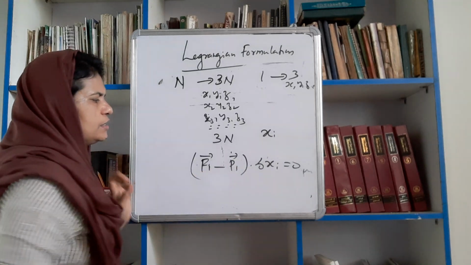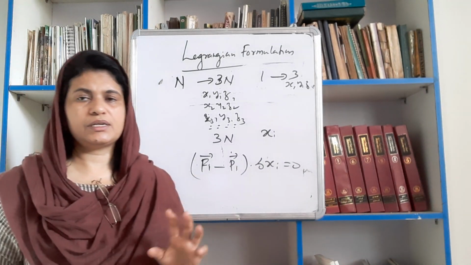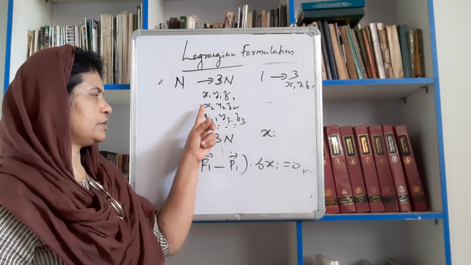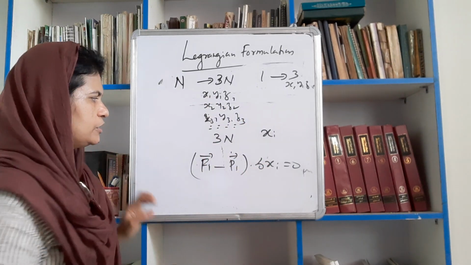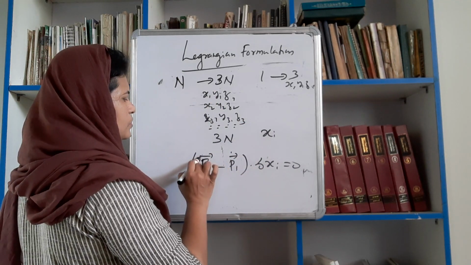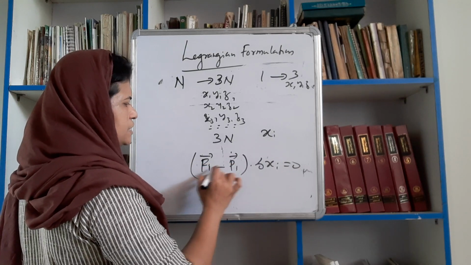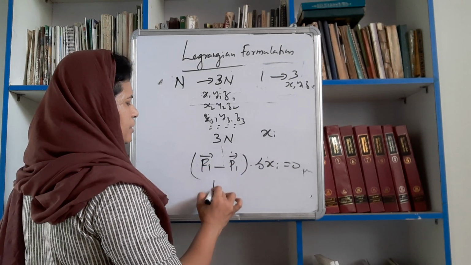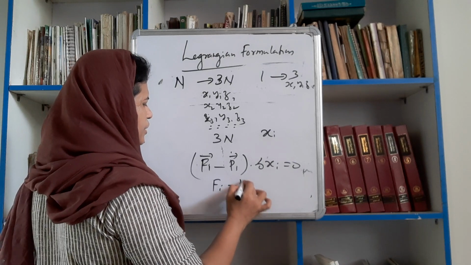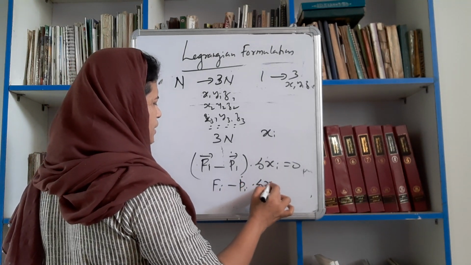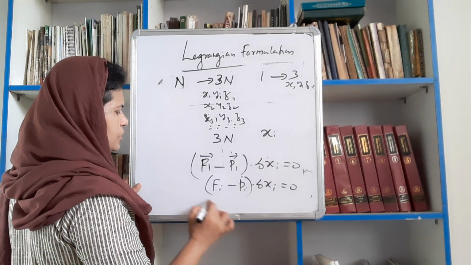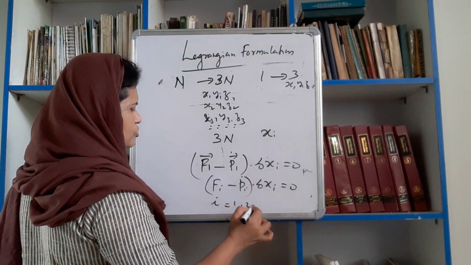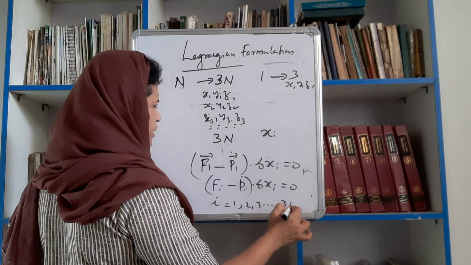X is not a vector, it is a coordinate. Instead of x, y, z we are representing it as x, therefore it is not a vector. So this vector symbol can also be avoided, and we get Fi minus Pi dot, times delta xi, is equal to 0, where i is equal to 1, 2, 3, etc. up to 3n.